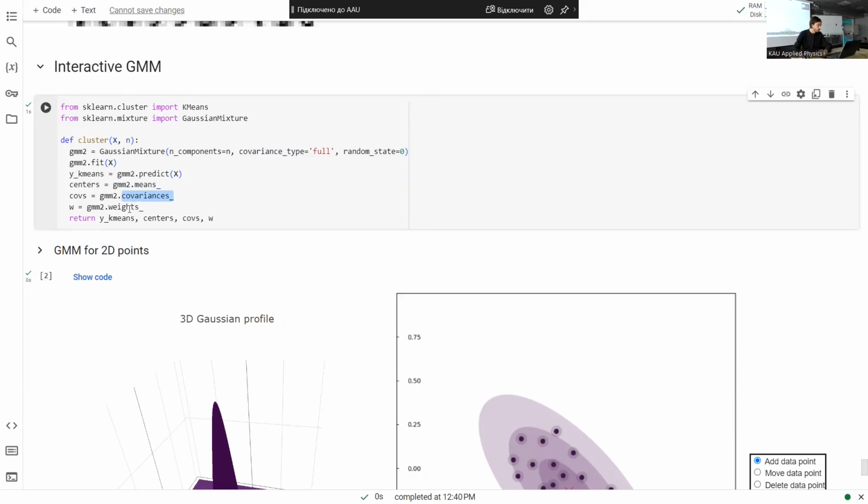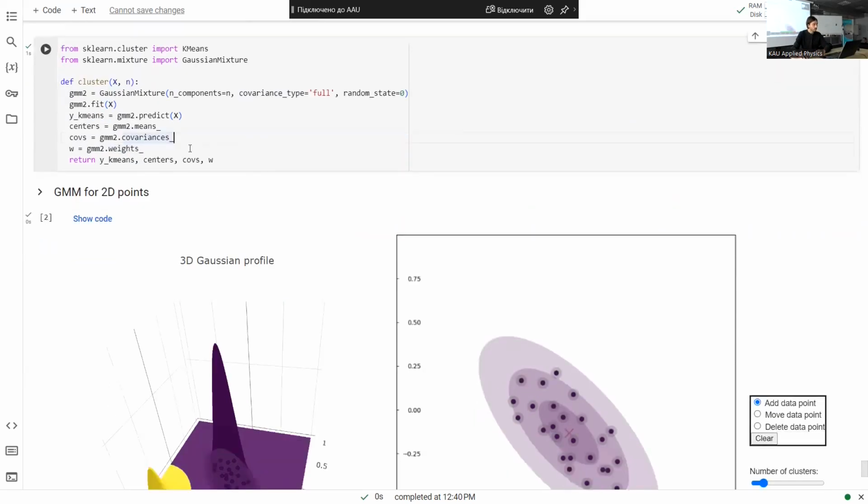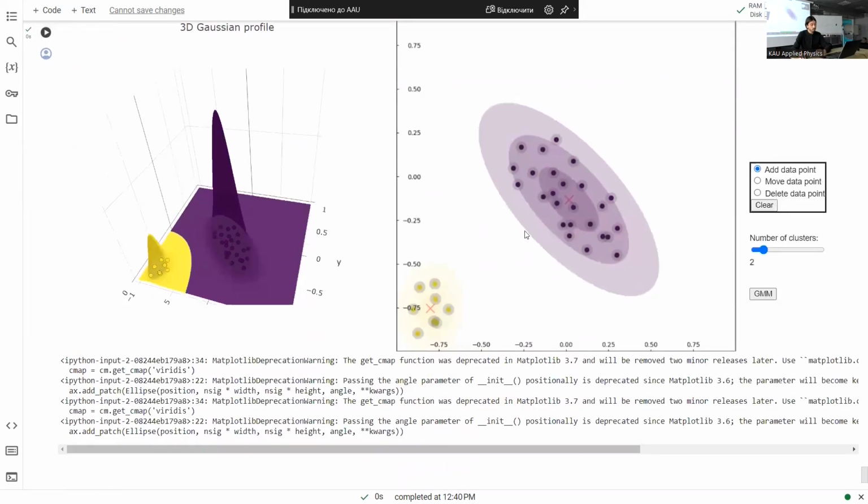Why not? These weights W are the probabilities of choosing one of the normal distributions. That's what I called pi in all my equations. So these are pi's, these are sigmas, and these are mu's. And of course, you can do something with that on your own. So that's the way to get parameters out of the distribution.